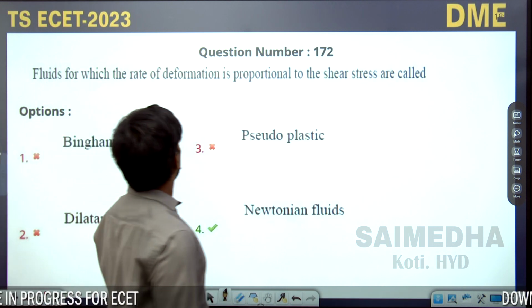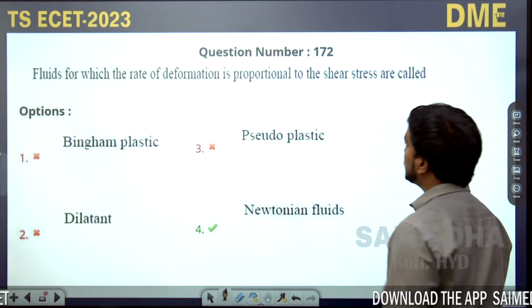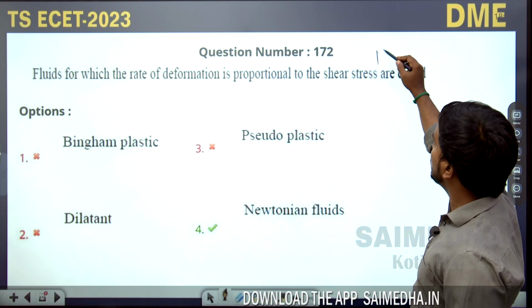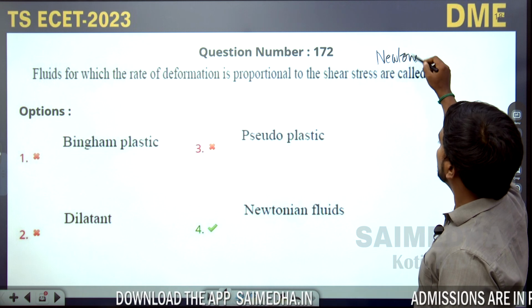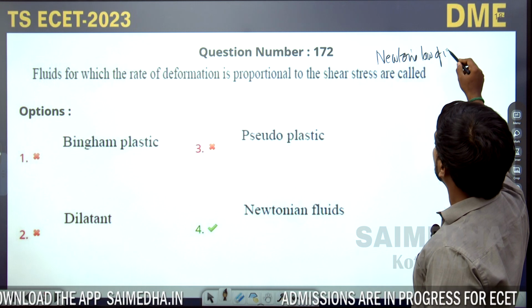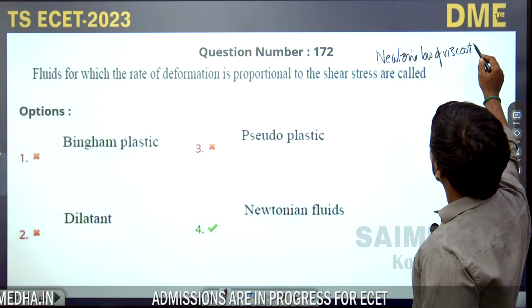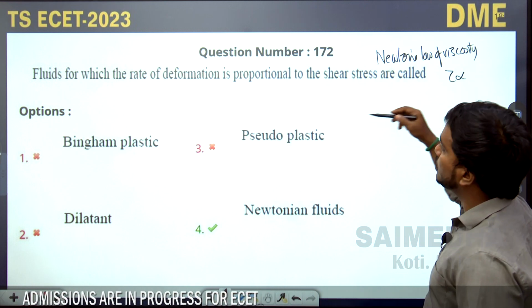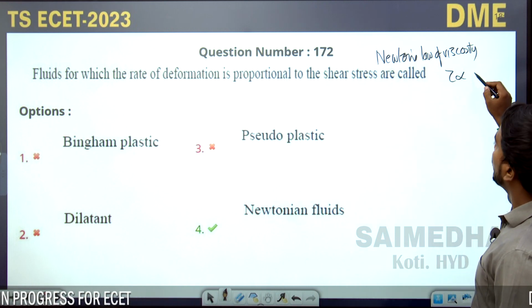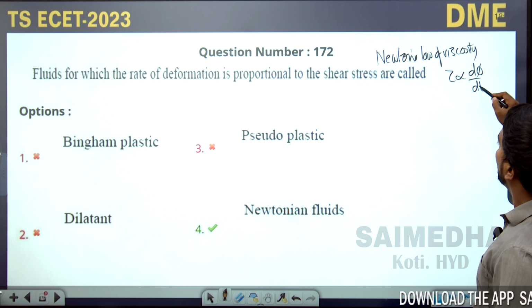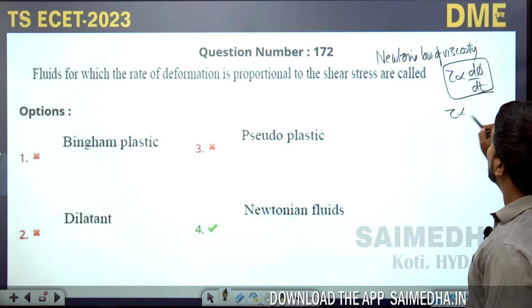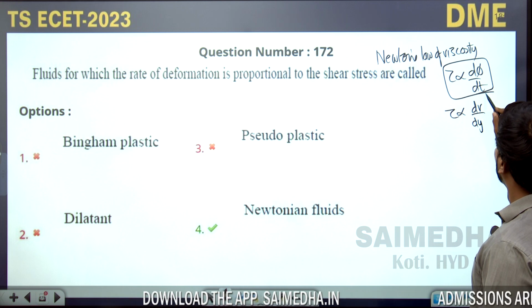Fluid whose rate of deformation is proportional to shear stress: it is Newton's law of viscosity. Shear stress is directly proportional to the rate of angular deformation. Tau is directly proportional to dv by dy, the velocity gradient.